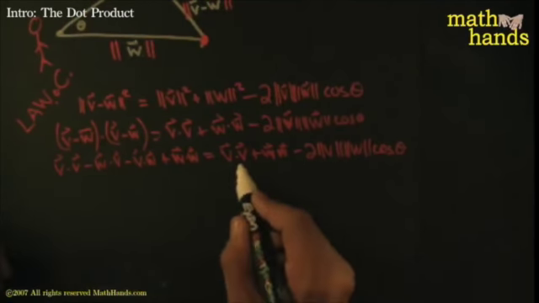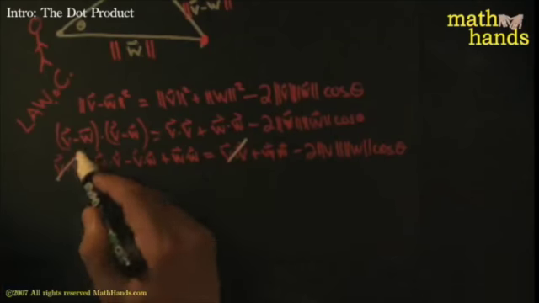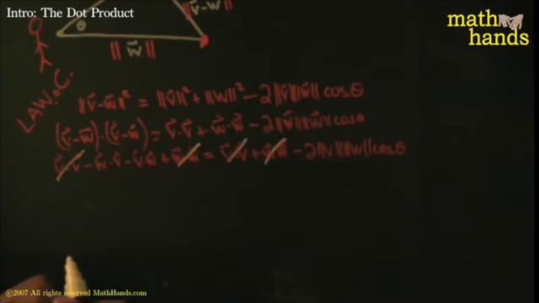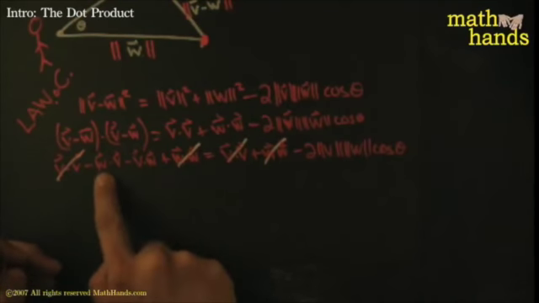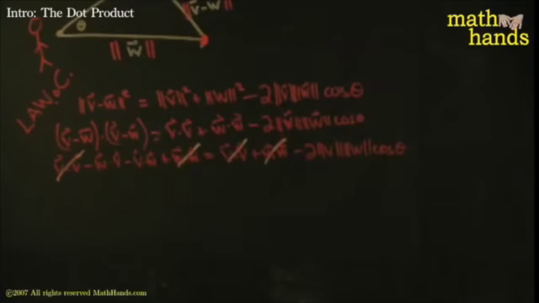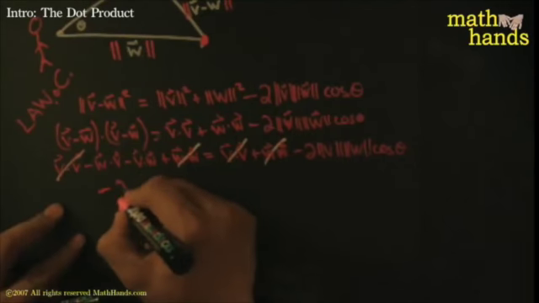Now that's fine, we could have done that in the previous chapter, but what we want to do now is change this using the language of the dot product to see what it says. Any vector dotted with itself can be turned into a dot product. This would be v minus w dotted with v minus w in parentheses.